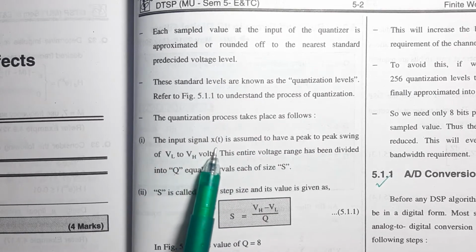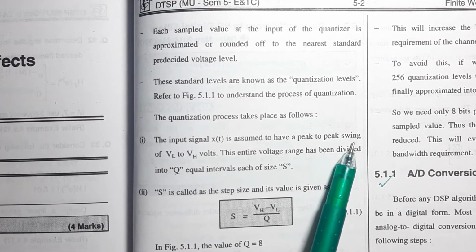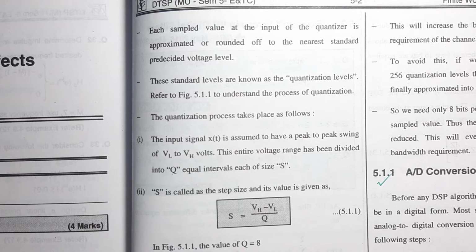The input signal x of t is assumed to have a peak to peak voltage swing of VL to VH volts.